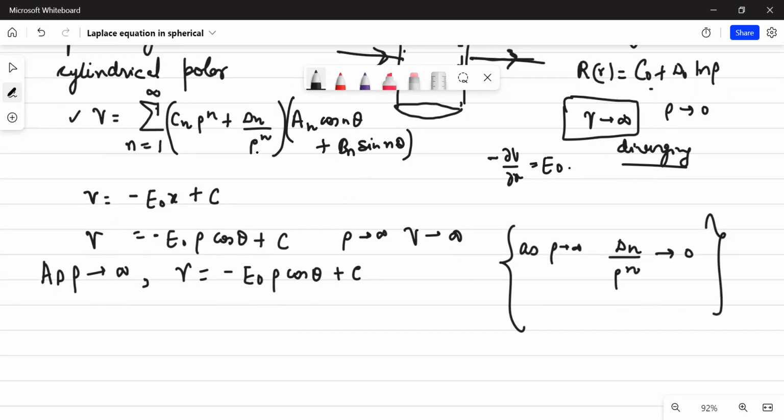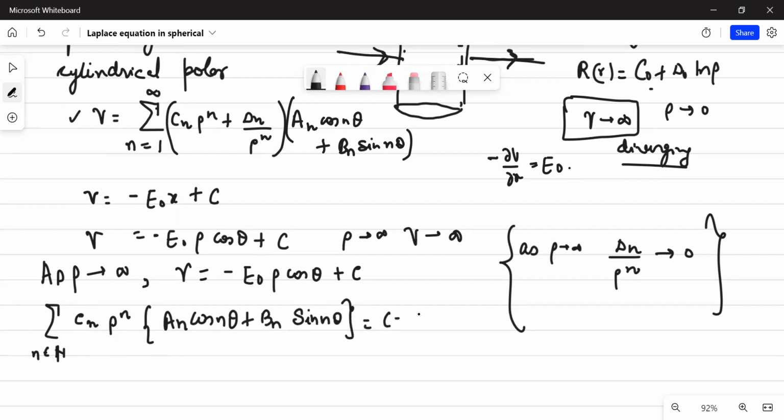And the only term that will remain is the summation over n belonging to natural numbers of C_n rho^n into a_n cos n theta plus b_n sin n theta, which is equal to c minus E naught rho cos theta.